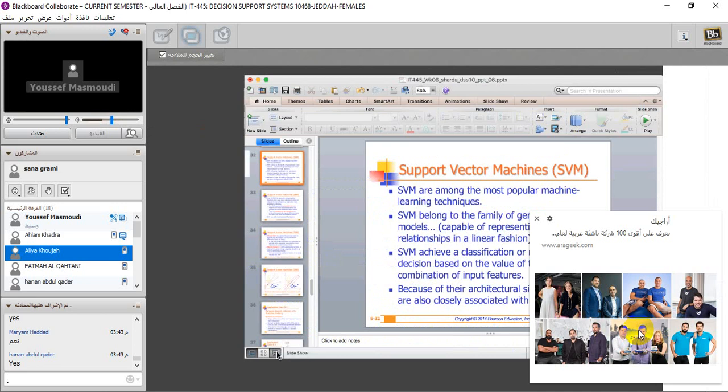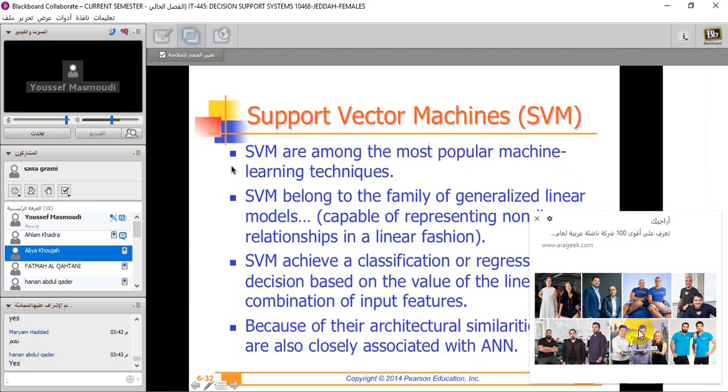طيب سلايد 32. SVM are among the most popular machine learning techniques. SVM belong to the family of generalized linear models. SVM achieve a classification or regression decision based on the value of the linear combination of input features.